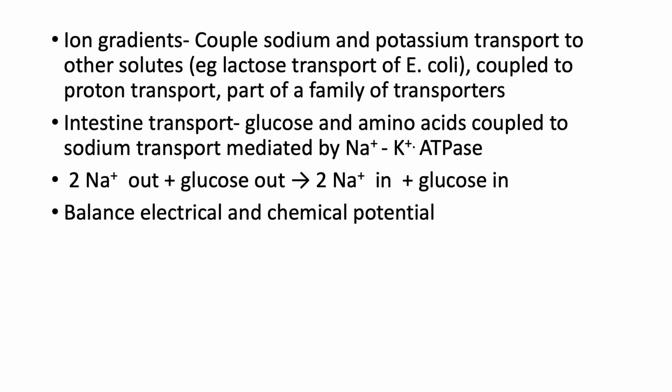Generally you can get two sodiums out and glucose out with two sodiums in and glucose in. This balances the electrical and chemical potential given the charges that can exist in glucose at physiologic pH, and the charges help balance all this electrostatically.